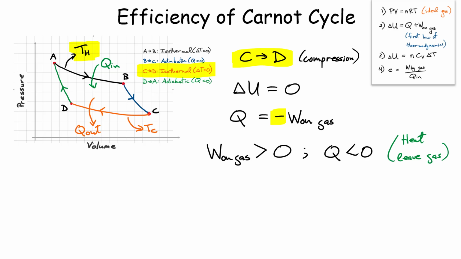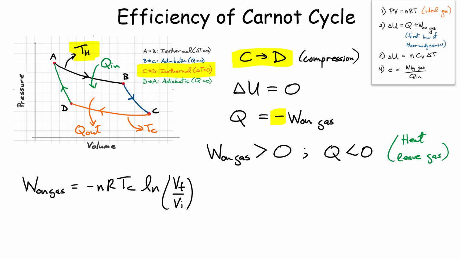Well, it's exactly the same way because it's an isothermal process. So I can use the expression I had previously. I had minus NR, and the temperature now is going to be TC. And it's the natural log of my final volume divided by my initial volume.